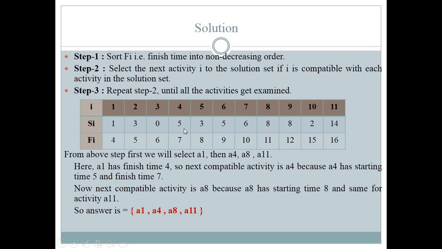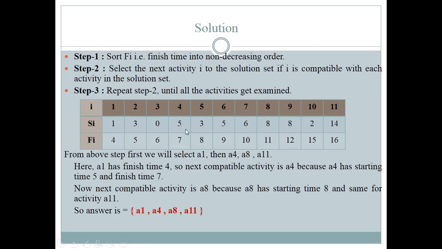If we start with starting time 5, meaning activity 4, then its finish time is 7, and if we start activity 6, then its finish time is 9. So in that case the activity starting from 8 will be skipped, that cannot be performed.